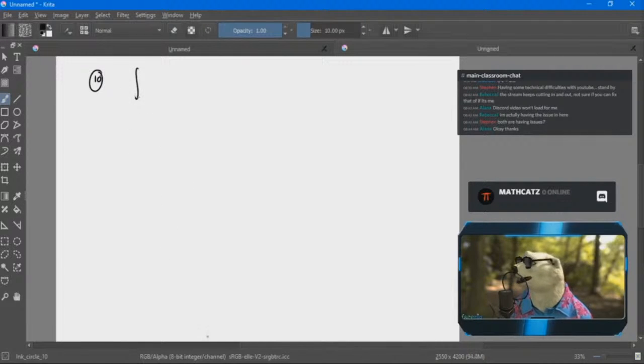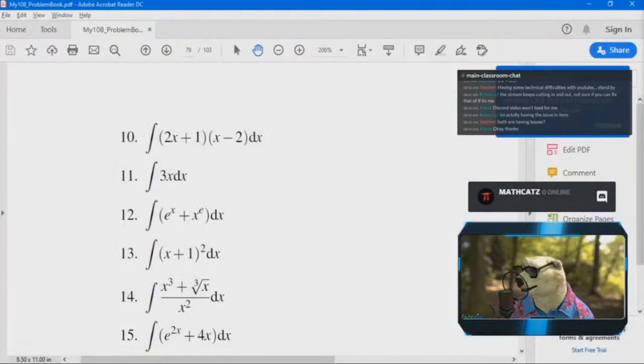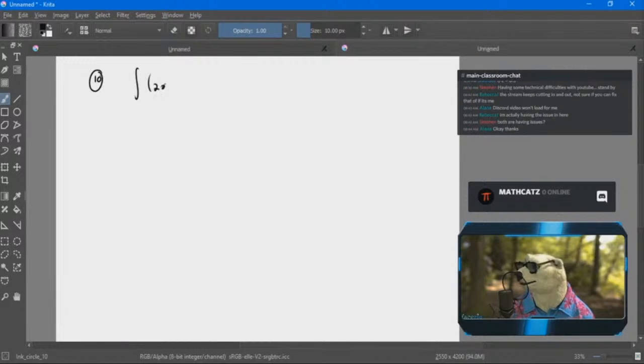I'm looking at the indefinite integral of 2x plus 1 times x minus 2, and of course, x is my variable. So now, again, we don't have any reverse product rule or anything that we've seen so far, even though that exists. I'm trying to keep things as simple as possible, and foiling this out first will put me in a better, simpler position.